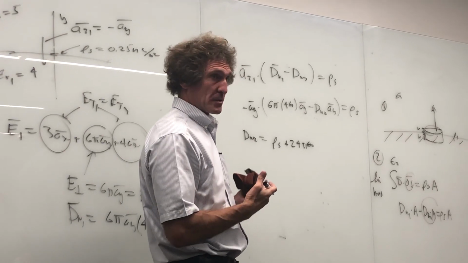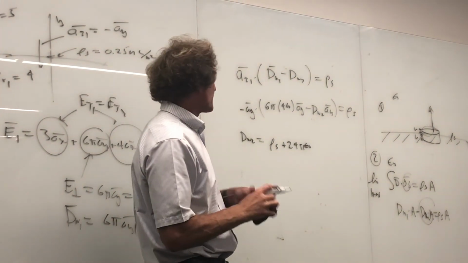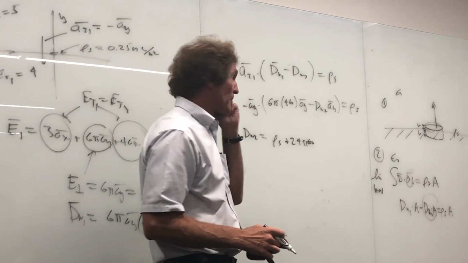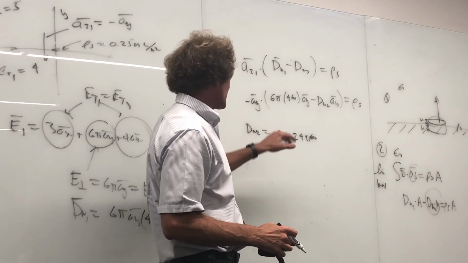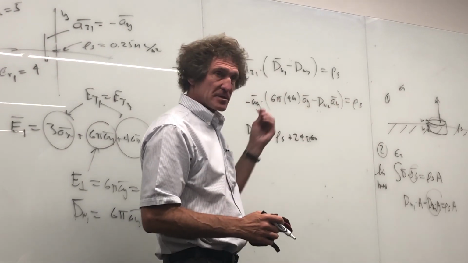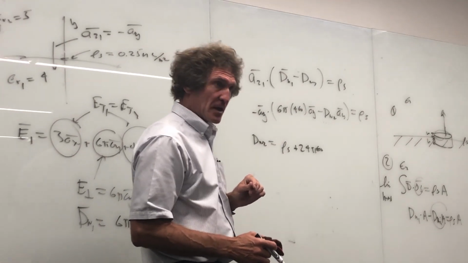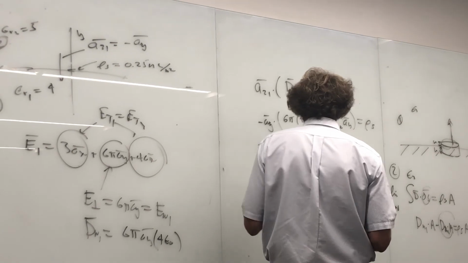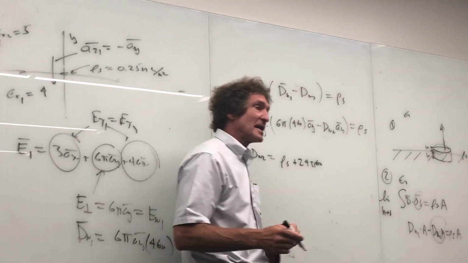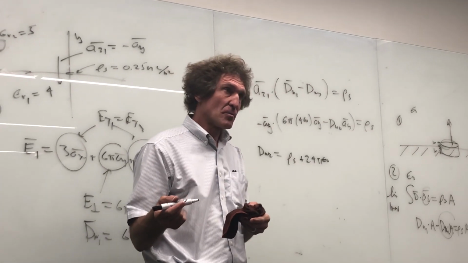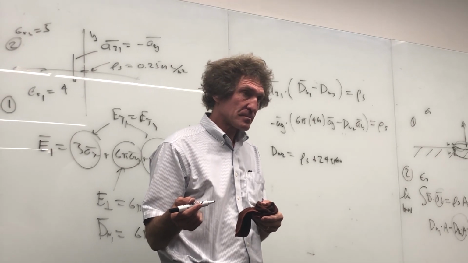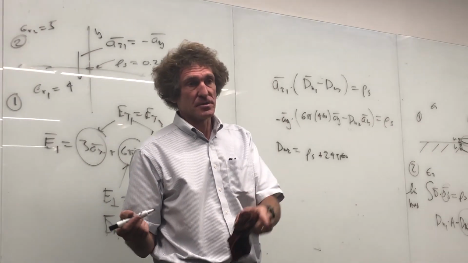Based on the formula. Do you agree with me, everyone? The only thing I did is 6 times 4 is going to be 24. Then I have epsilon naught, right? And that's a negative, so I take it to the other side, makes it a positive, and I'm left with D normal 2 on that side. Correct, class? The AY's dot each other out. Now when I look at that, if that's D normal 2, how do I get the electric field that's normal in region 2? In that region, right?